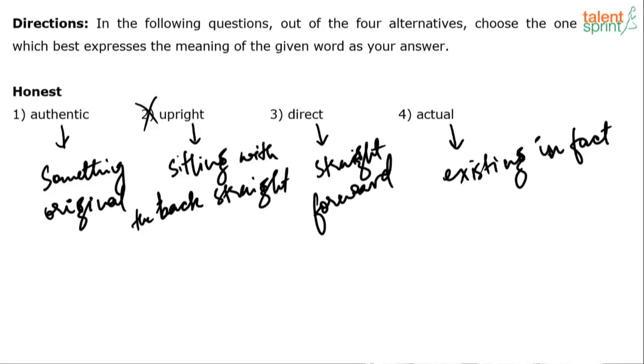Truth is a fact. It is actual. So yes, it will be actual. Option number 4. Or the other meaning is real. Okay. So I hope this one is clear.